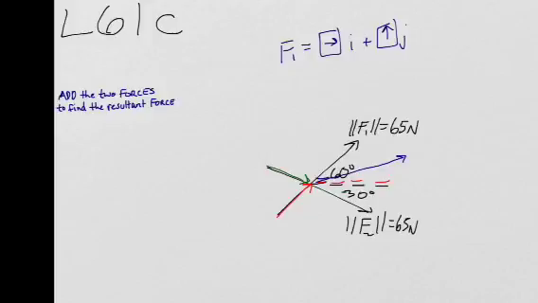So let's see, our red force there, we're going to say it has a horizontal direction and a vertical direction. And we need to figure out what the magnitudes of those individual components are in order to figure out the whole thing.